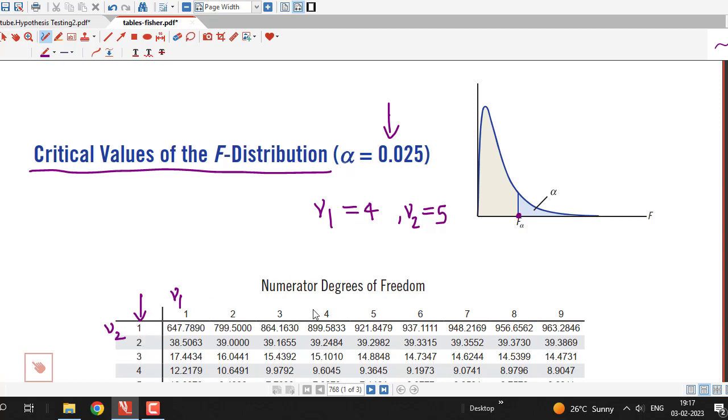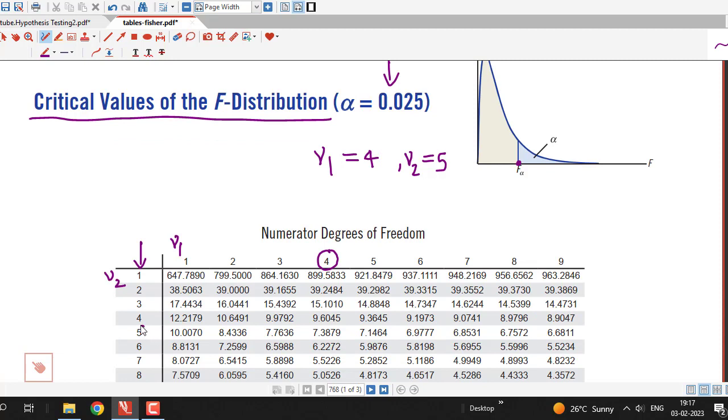Here nu1 is 4, so I have to look below this column heading, and nu2 is 5, so I have to look in this row, and for that I am taking the intersection of this row with this column, and I will search what is the point of intersection.